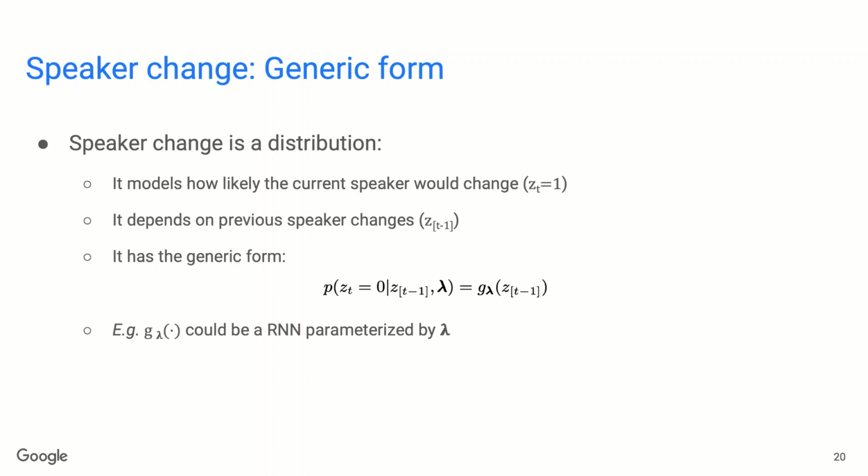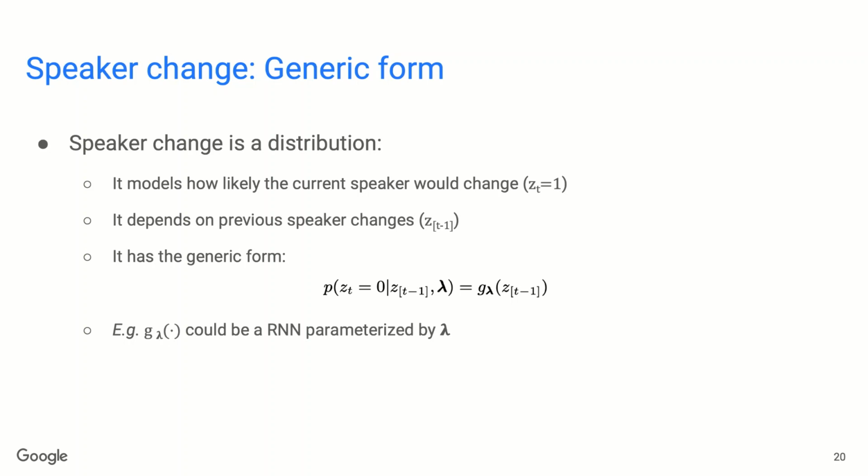Now, let's look at these components one by one. First, speaker change. Speaker change is a distribution to model how likely the current speaker is going to change to a different speaker. In the generic form, we assume at time t, the binary change indicator z_t follows a distribution conditioned on previous changes, and the distribution is parameterized by lambda.